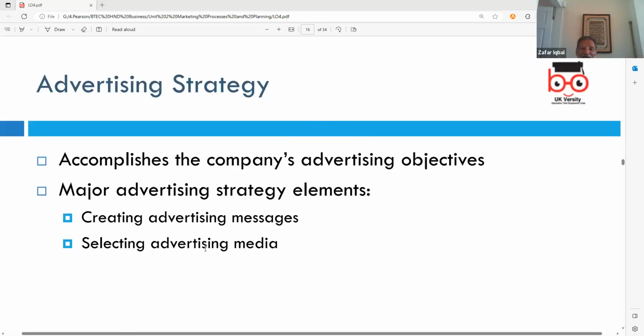Okay, then we need to look at the advertising strategy. Now the strategy is very important, and what we mean by strategy is you select the type of media that you're going to advertise in.